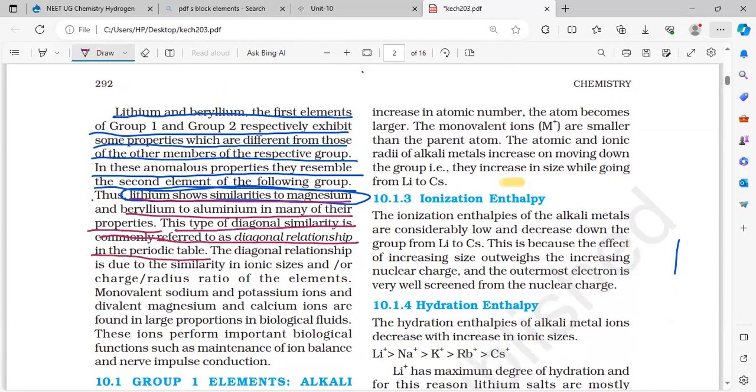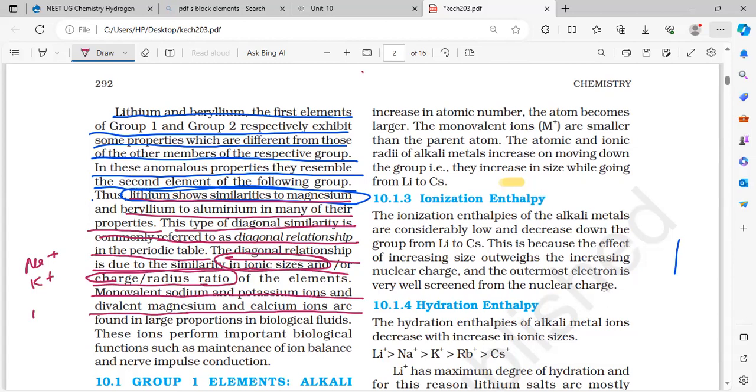In the periodic table, the diagonal relationship is due to similarities in ionic size. Their ionic sizes are the same, or the charge to radius ratio is also the same. Monovalent sodium and potassium ions, and divalent magnesium and calcium ions. Monovalent means sodium has one charge, potassium has one charge.